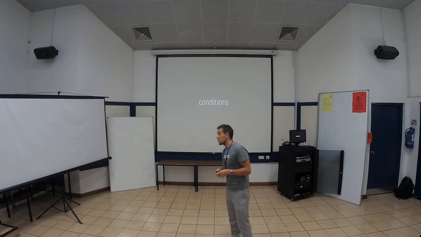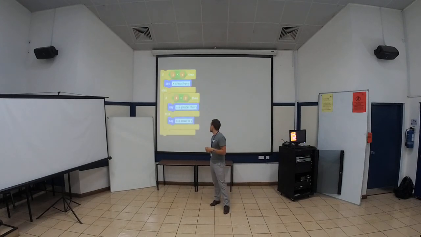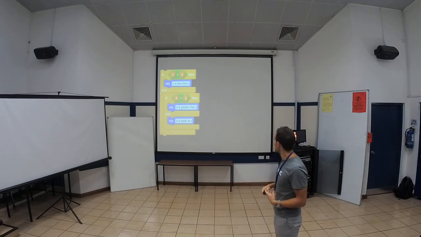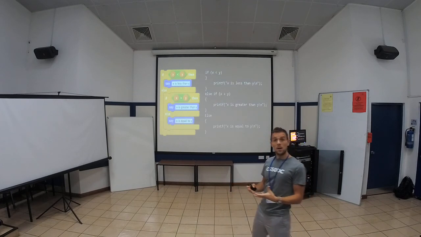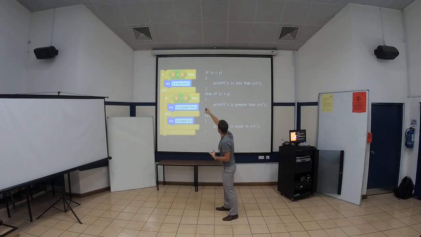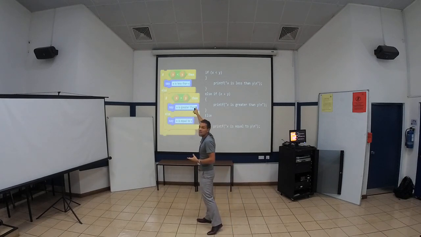We also had conditions in our blocks in Scratch, which looked like this. And although it looks very cryptic in C, with quite a lot of text on there, if we relate it, and I've tried to put them side by side, it actually pretty much says the same thing. We've got the if x is less than y, then in Scratch.